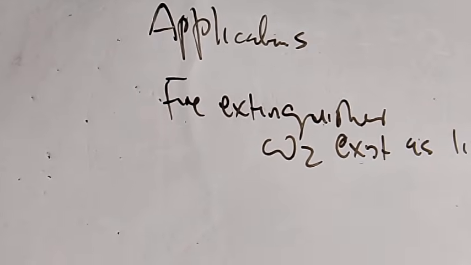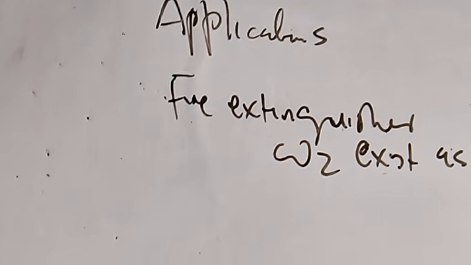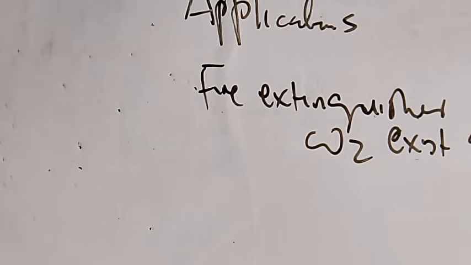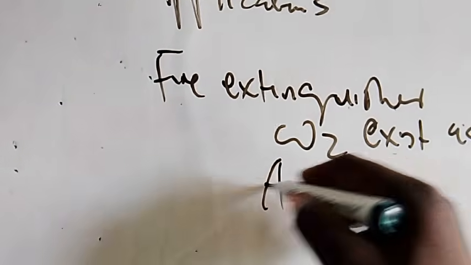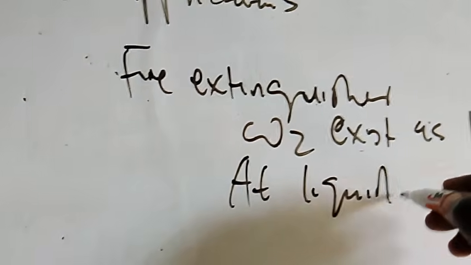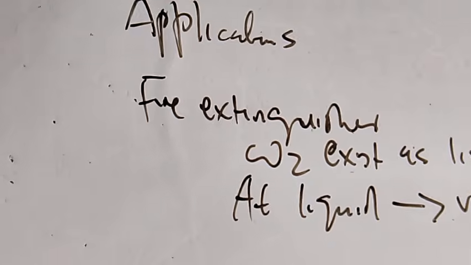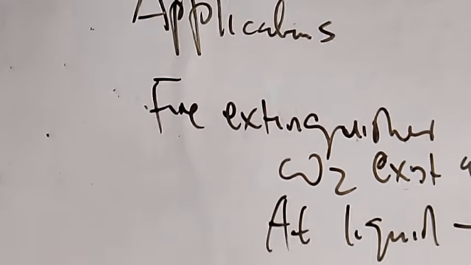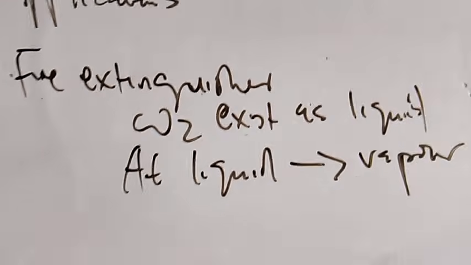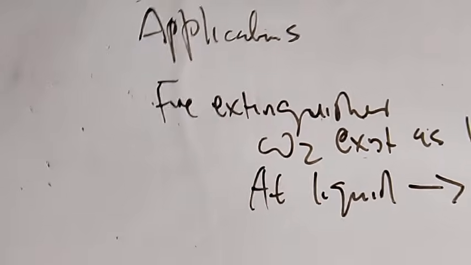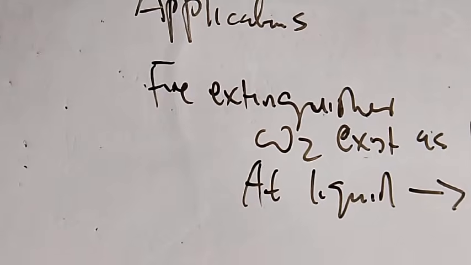When we release carbon dioxide into the atmosphere, the liquid changes to vapor. Carbon dioxide is heavier than air, and its vapor will extinguish the fire by keeping oxygen away.